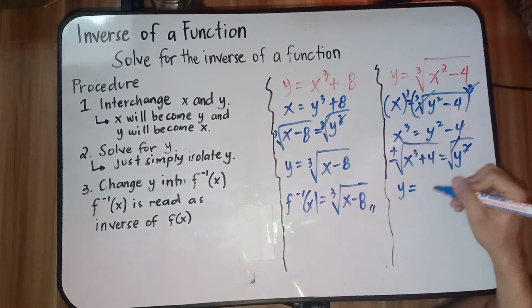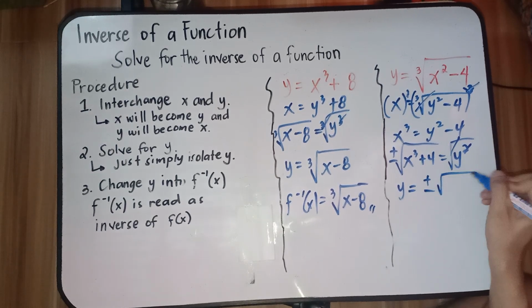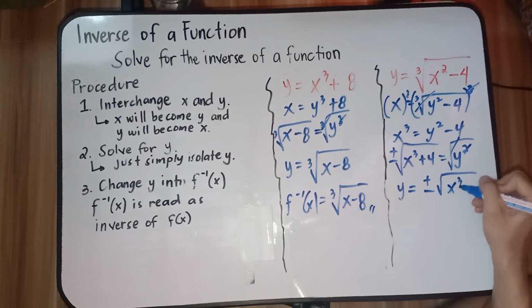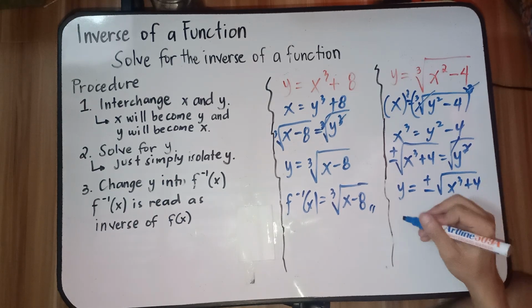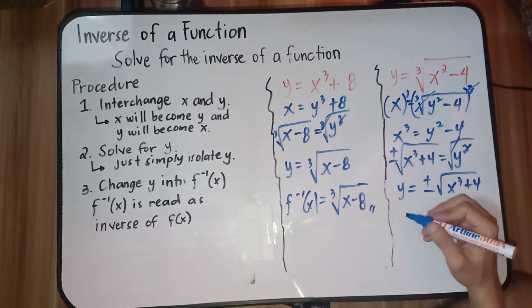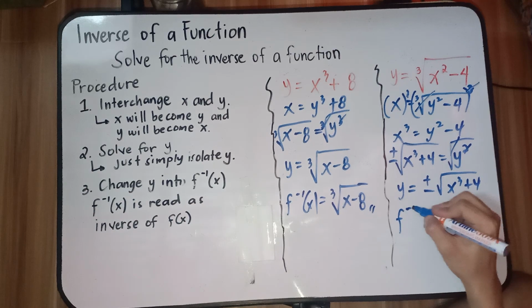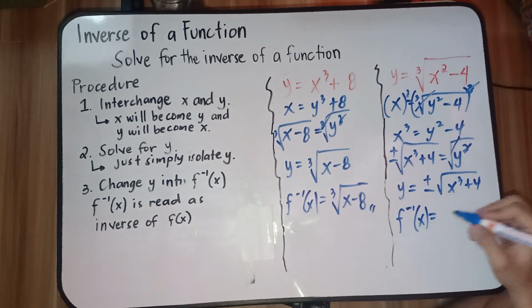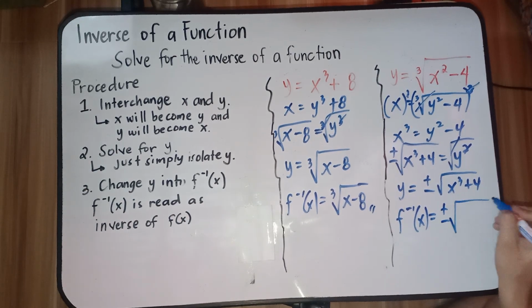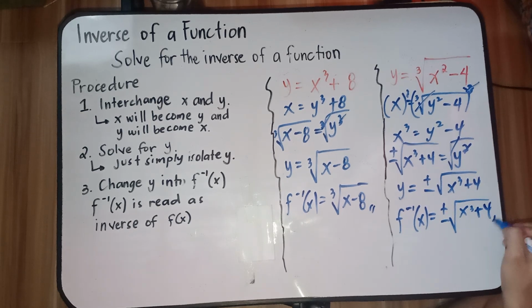So we have y is equal to positive and negative square root of x raised to 3 plus 4. On the last step, we need to change y into inverse of f of x. So we have positive and negative square root of x raised to 3 plus 4. And that is the final answer.